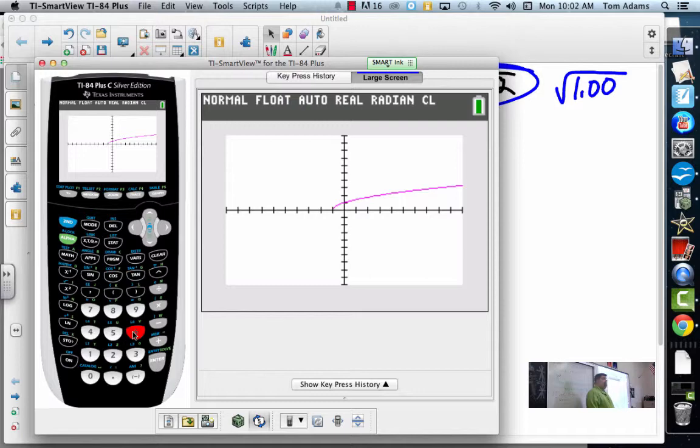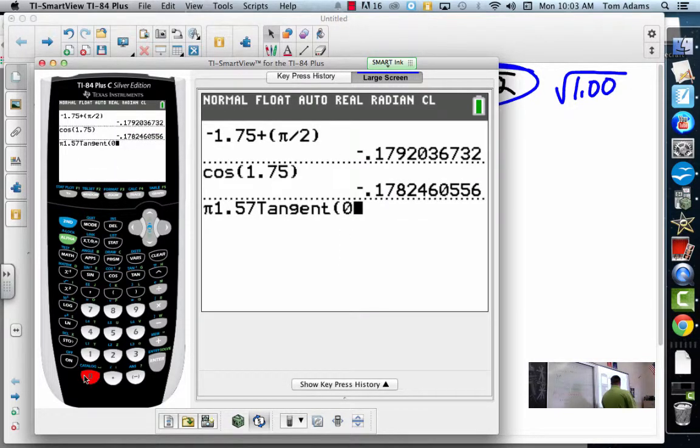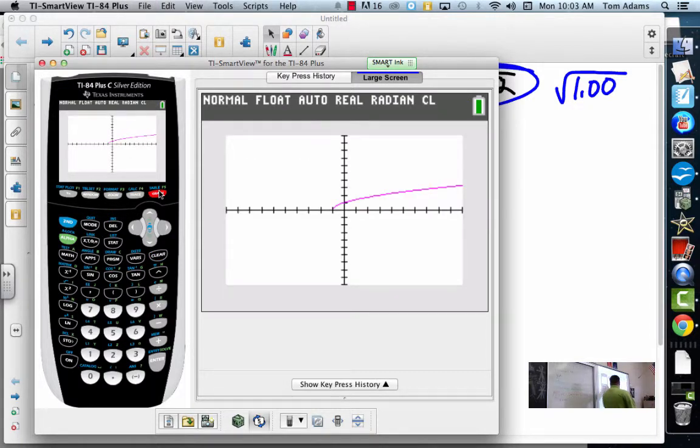Now, for this practical application, I'm interested when x equals 0. So now on my graphing calculator, when x equals 0, y equals 1.